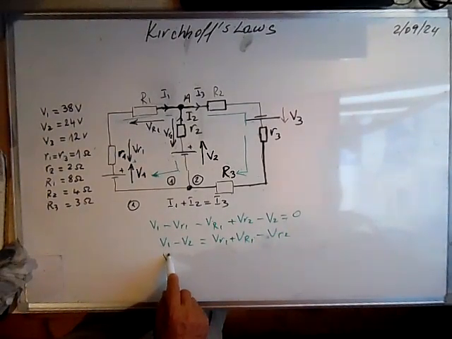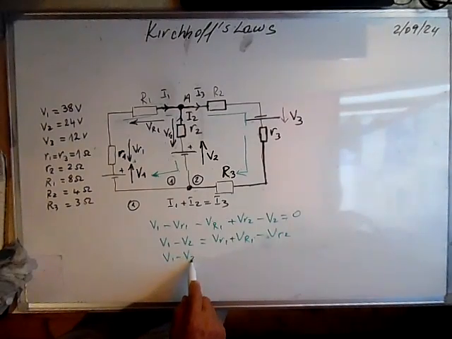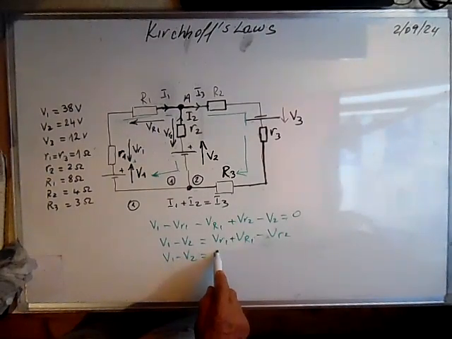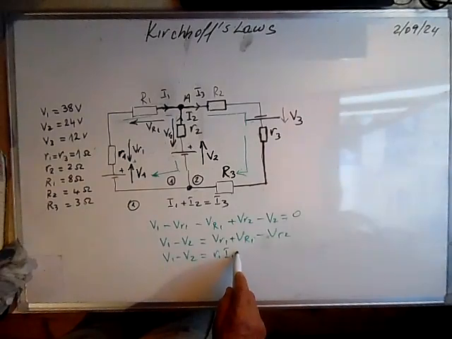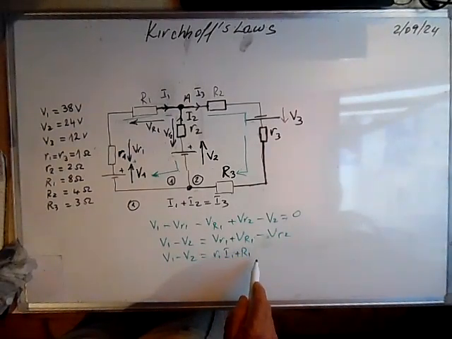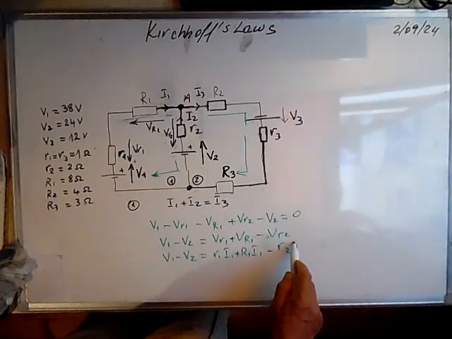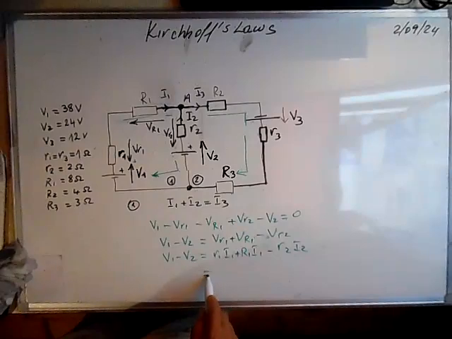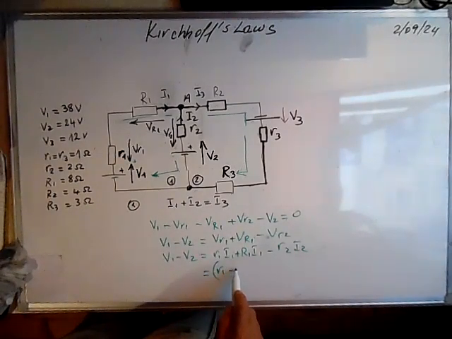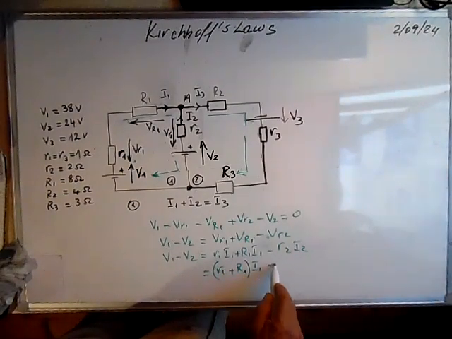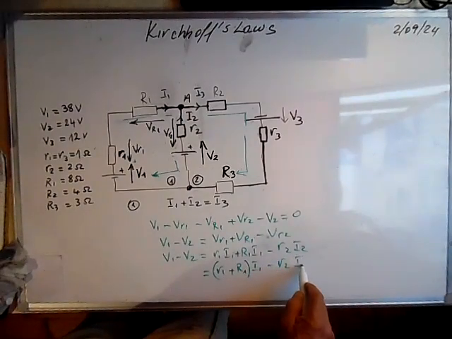So it means V1 minus V2 is equal to small r1 times I1 plus capital R1 times I1 minus R2 times I2. This equation will become small r1 plus capital R1 times I1 minus R2 times I2.